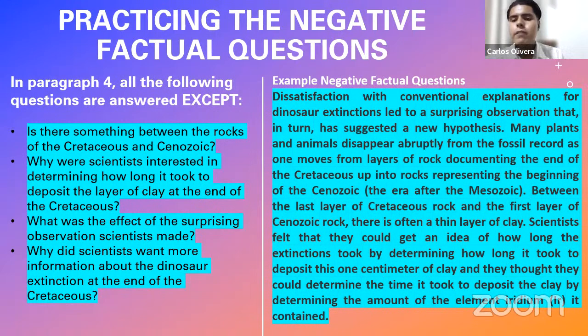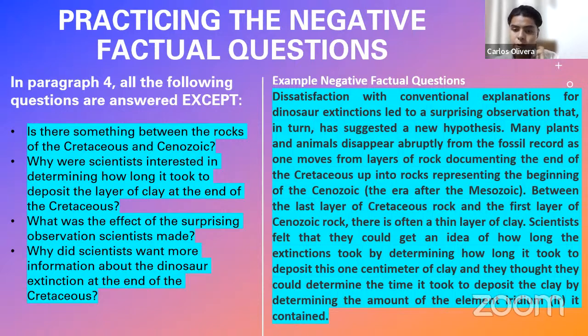It says, dissatisfaction with conventional explanations for dinosaurs' extinctions led to a surprising observation that, in turn, has suggested a new hypothesis. Many plants and animals disappear abruptly from the fossil record as one moves through layers of rock, documenting the end of the Cretaceous up into rocks representing the beginning of the Cenozoic, the era after the Mesozoic.